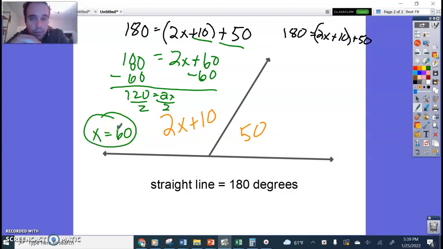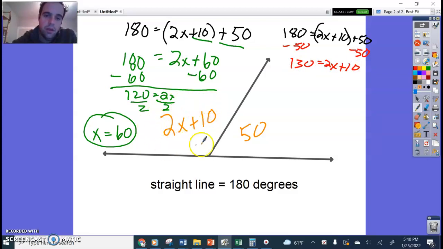Cool. That's method one. Method two, which is how a lot of people do it, they kind of do it in their brain and in pieces. This is actually where my brain goes automatically. They just chip away at this thing. They know that they can take this 50 away from both sides and get 130. What this is essentially saying is that this entire angle over here is going to be 130 degrees, which makes sense. 180 minus the 50 is 130.